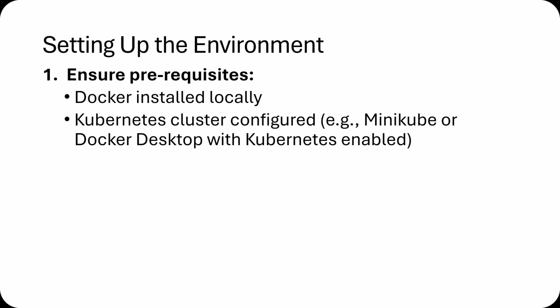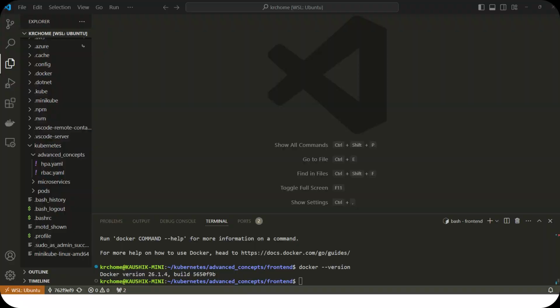Then you can check the version of Docker with docker --version, and the Docker version is already there, with build. That means Docker is installed and Kubernetes is also enabled, so these two conditions are already met.